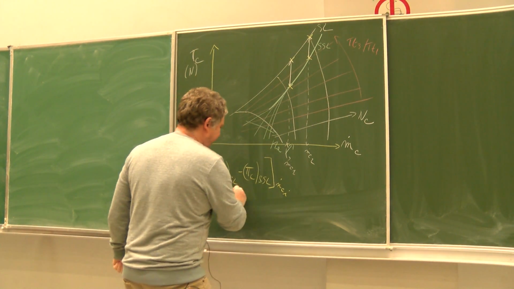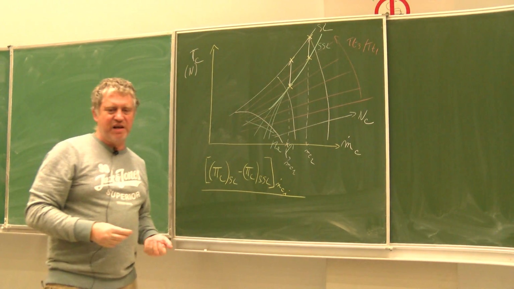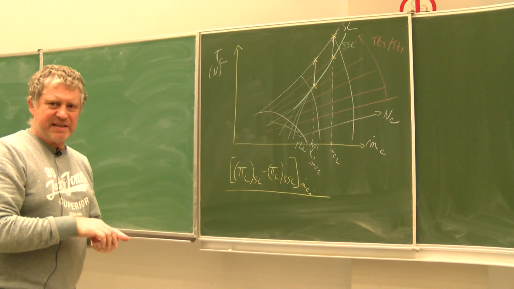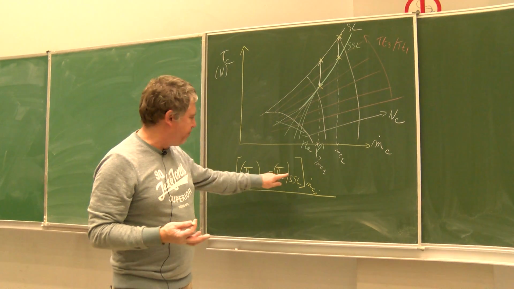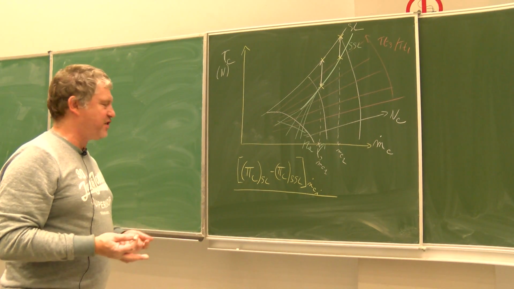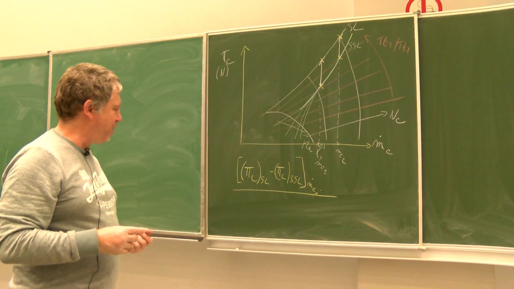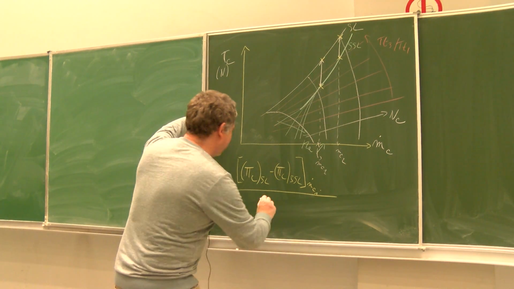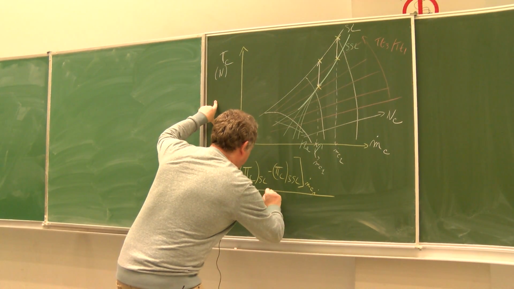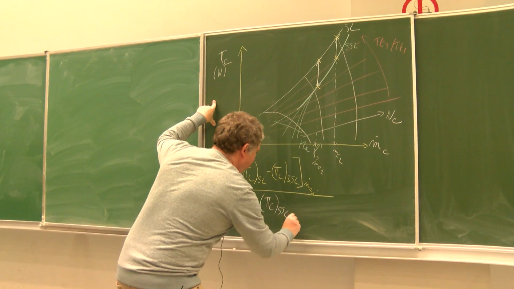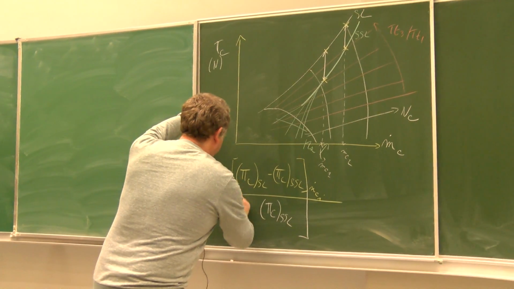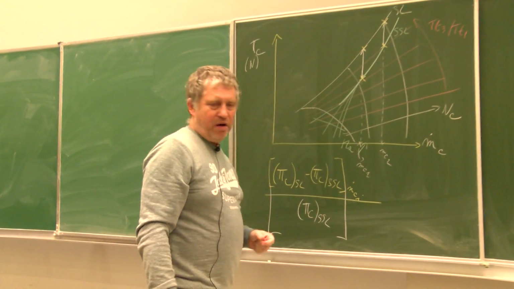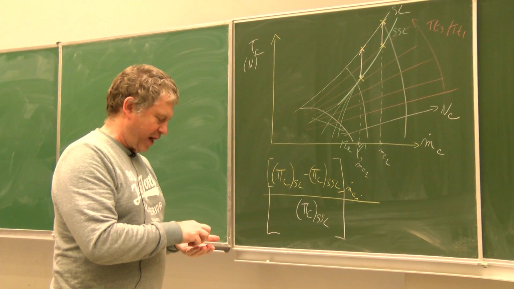And I will in fact not take this distance alone, but I will take this distance divided by another value of the pressure ratio, because a difference of pressure ratios is also a pressure ratio, and I will take this divided by the pressure ratio at the level of the steady state line. That is also at the same value of the mass flow rate corrected.